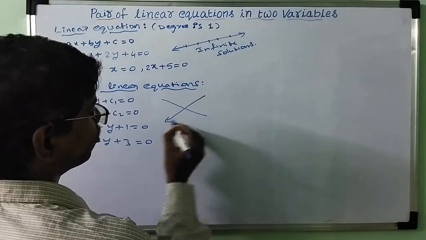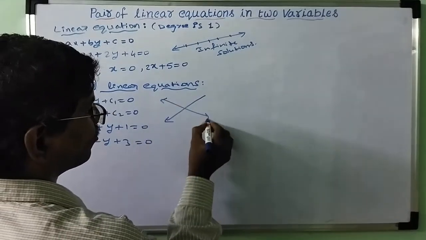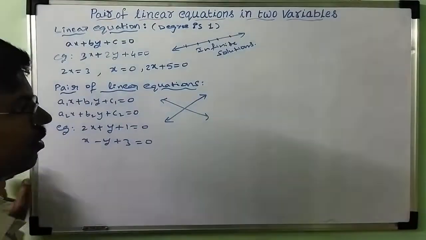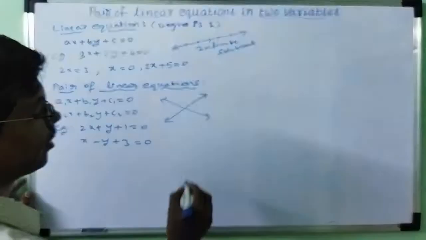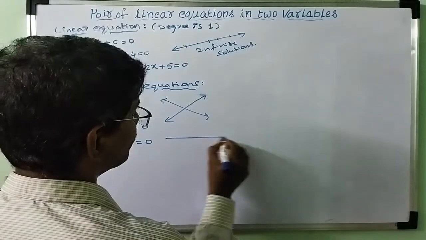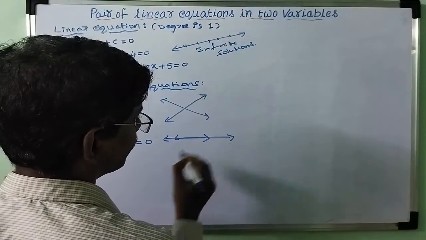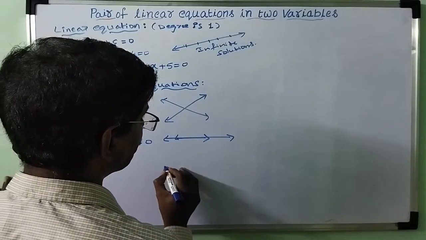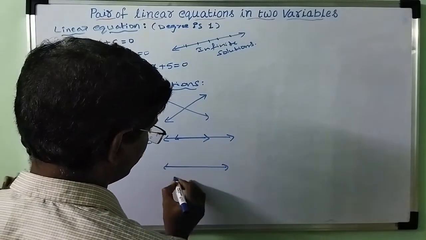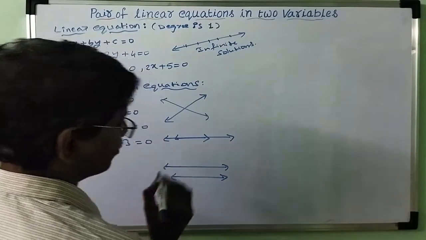That means if you represent both linear equations on graph paper, they may intersect. Otherwise, they may coincide, that means both lines will lie on one another. Otherwise, they may be parallel lines.